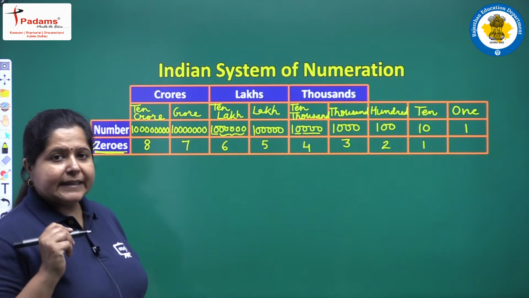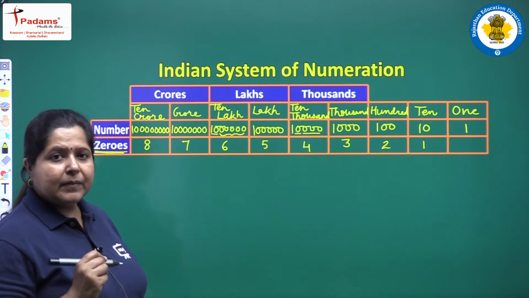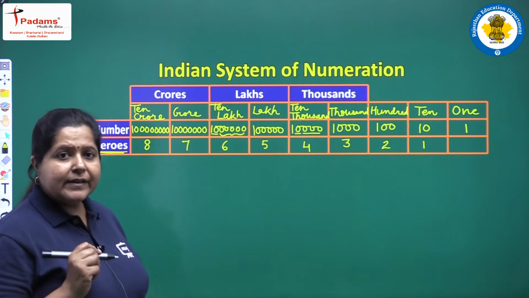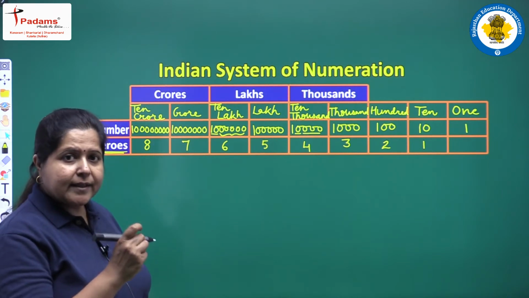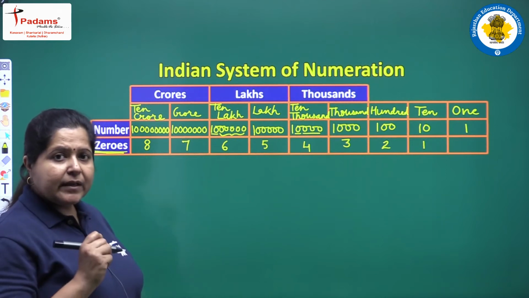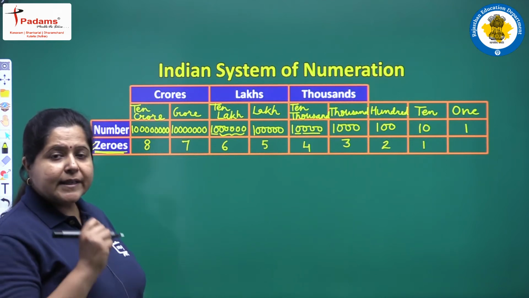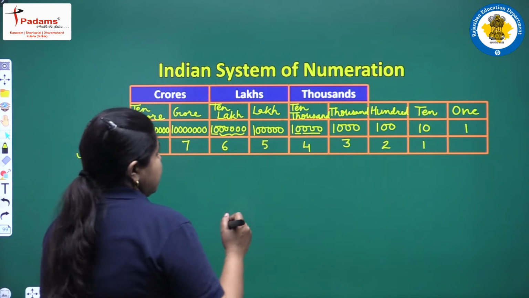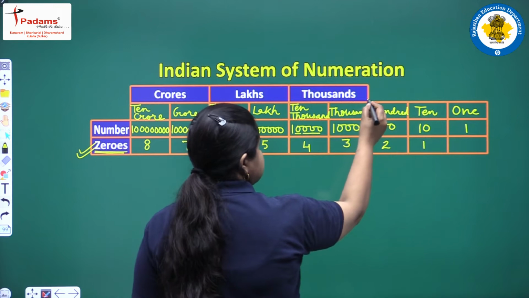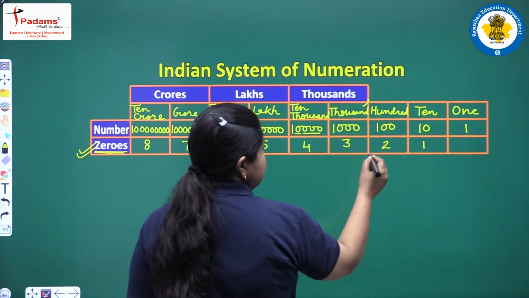Also remember that while naming a number according to the Indian system of numeration, we will take the thousands together, the lakhs together and the crores together, and similarly we will mark the commas in between. Where will we mark the commas? The first one will be just before the hundreds place value.